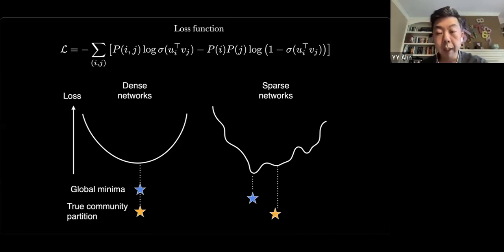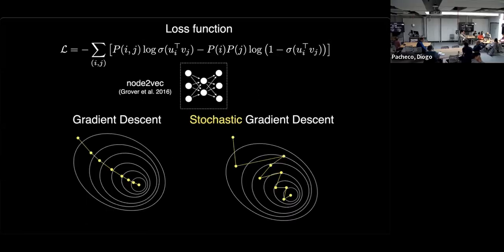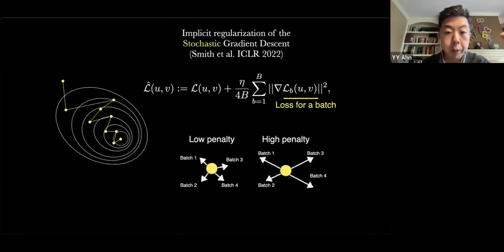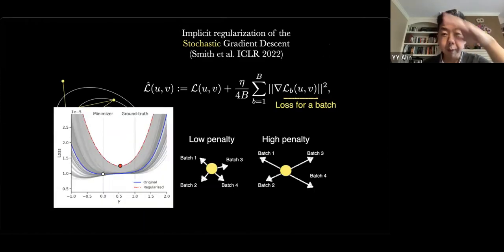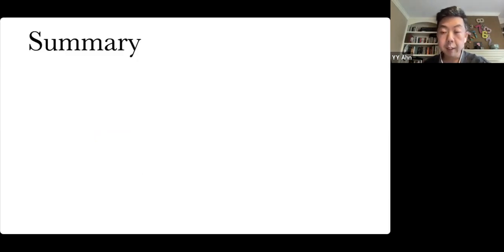But when you don't have enough data, it's messier, and your actual global minima may not match the true answer. But stochastic gradient descent is noisy. It produces a lot of different gradient landscapes, and if you take the ensemble average, it can lead us to a better solution. So that's a quick summary of the idea of self-regularization.